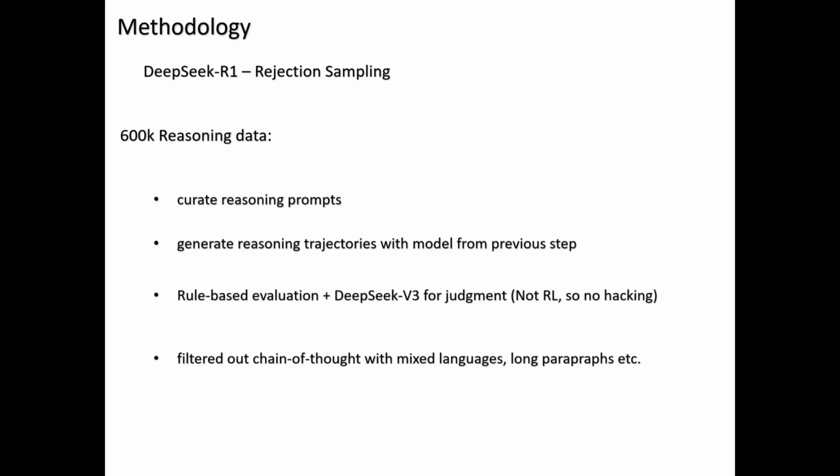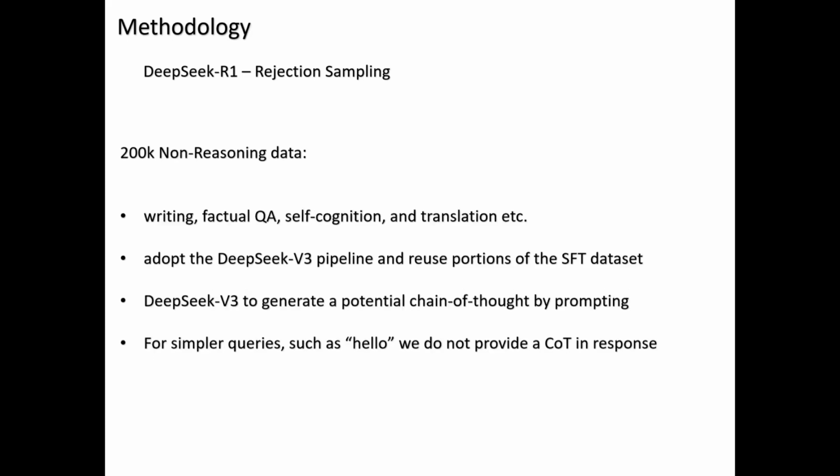And additionally, to enhance the general purpose question answering capabilities, they created 200K non-reasoning data for tasks like factual question answering, self-cognition, or translation. And they used the DeepSeek V3 pipeline and reuse portions of their supervised fine-tuning data to train this model. And I previously made a video introducing DeepSeek V3, so you can check it out on my YouTube channel.